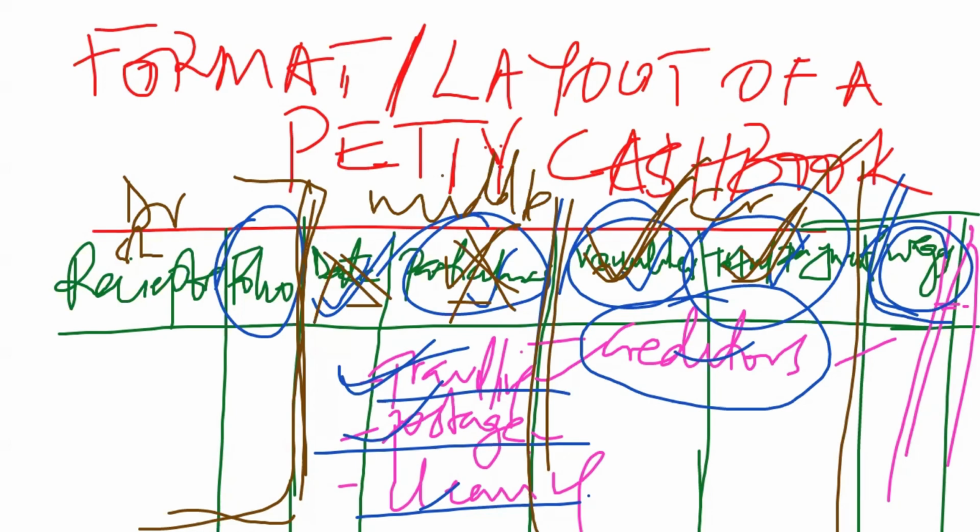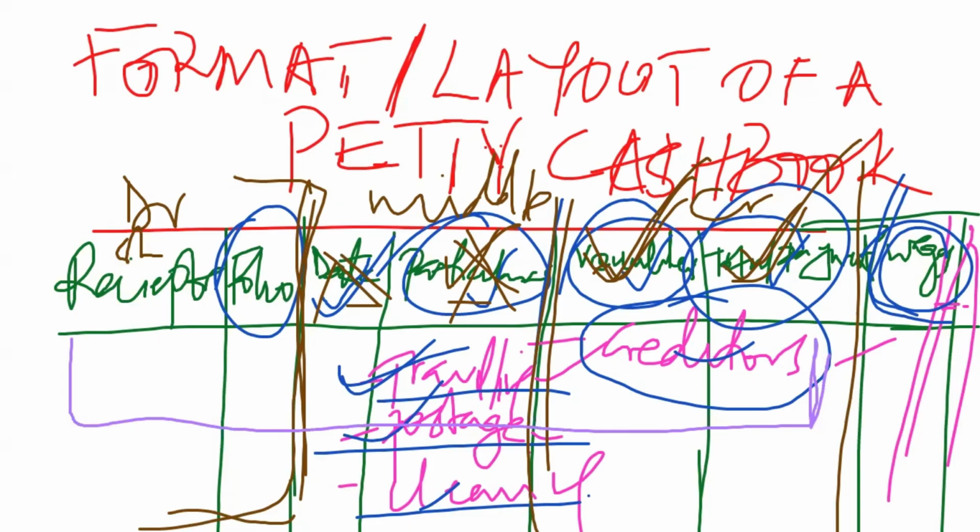However, the whole petty cash book ends at the total payment. What you have to understand is that the whole cash book ends here. The petty cash book moves from this point up to the total payment. This analytical column is not always there.